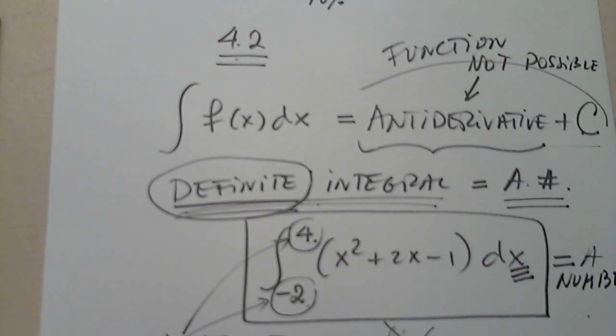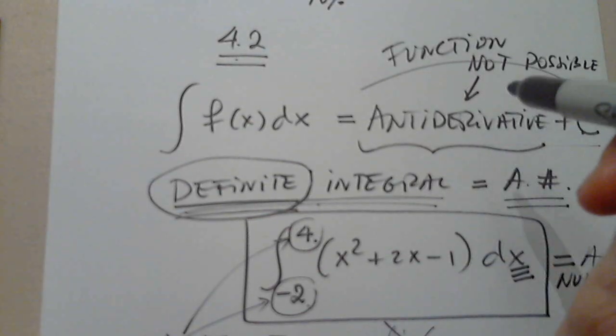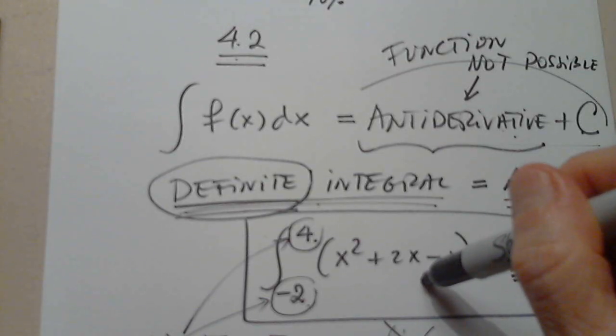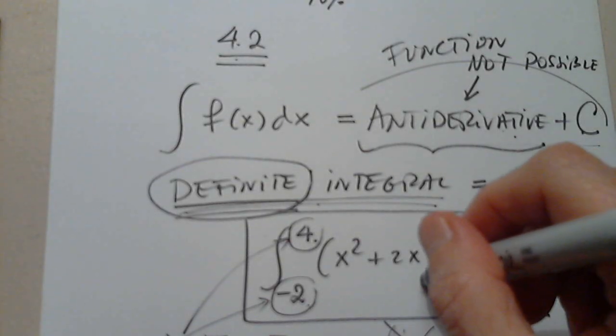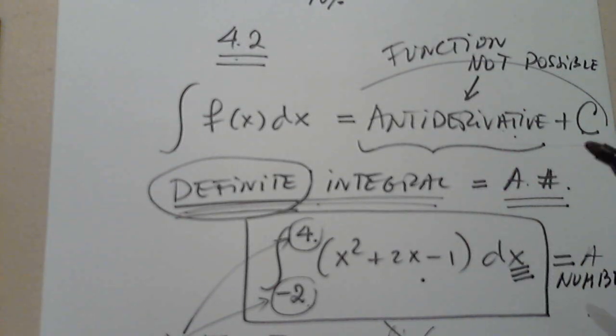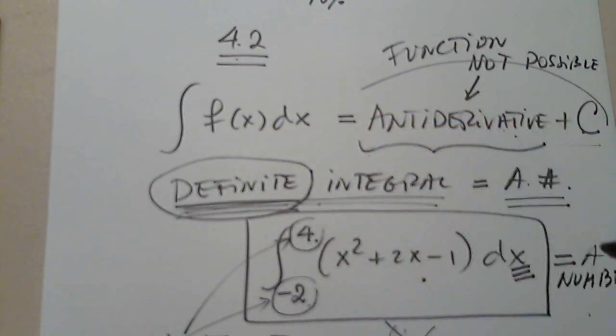But in certain situations, we will not be able to find the antiderivative for all functions. I can give you an example in which we cannot find the antiderivative. Okay, so then what do we do? For a definite integral, we can approximate this number.